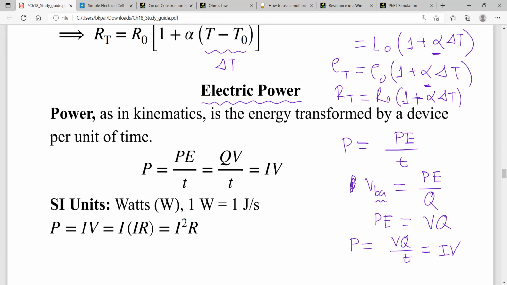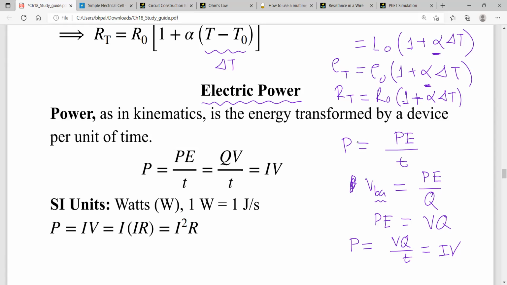So from a potential source, from a battery or some other source, the power is basically I times V, where I is the current and V is the voltage.